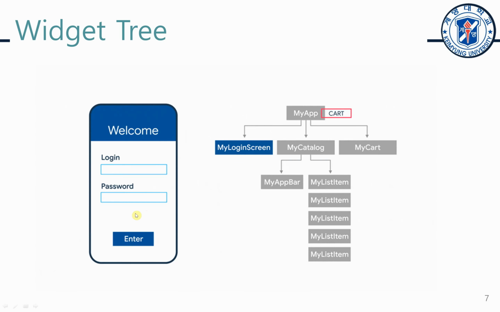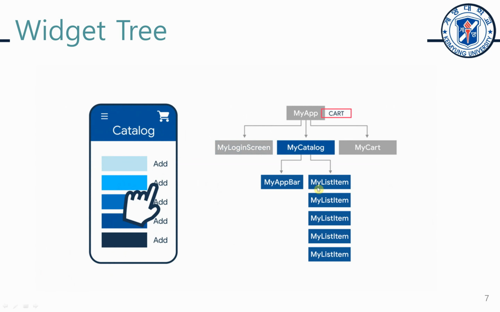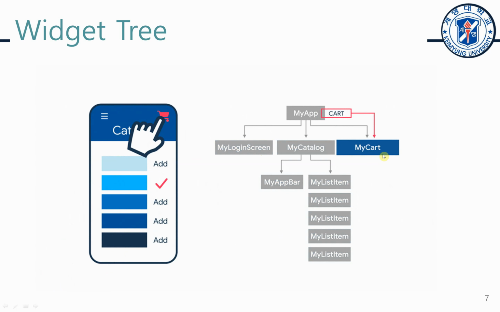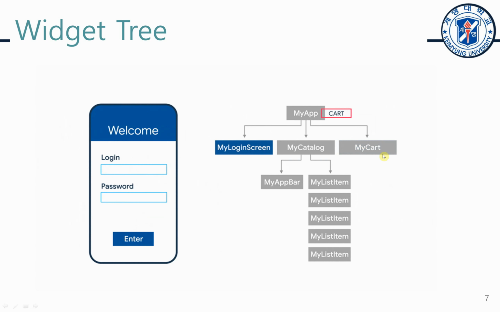Here first is my login screen, you log in, and you come to the second widget, or the second page in this case. You select and press add item, and then you go to the third widget. So this is how the widget tree and pages between different parts of an app work in Flutter.